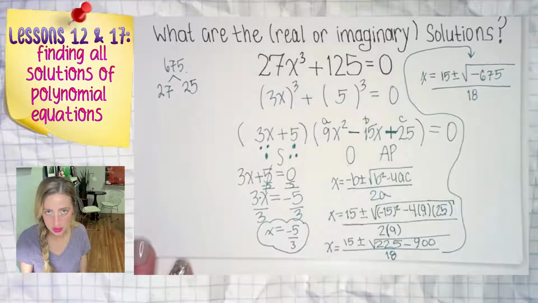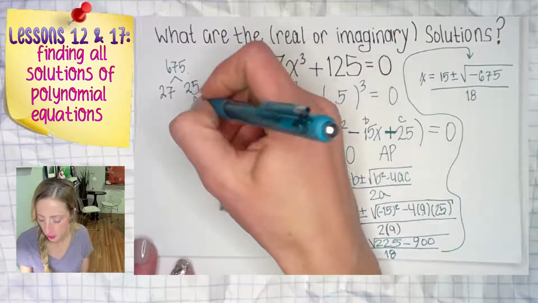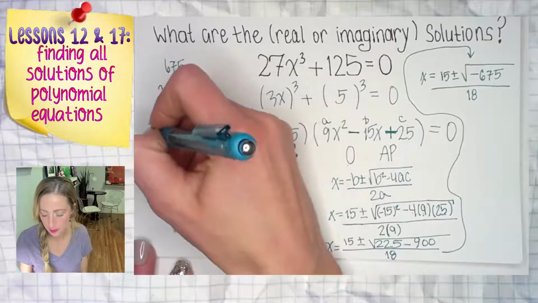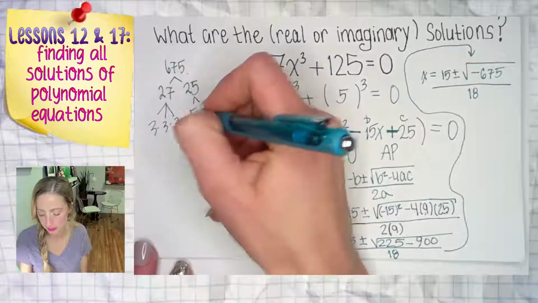So if we have 6 100s, that's 6 times 4, 24, and then 3 more to get us to 625, 650, 675. I hope that makes sense. Here we have 5 and 5. And here we have 3, 3, 3, right?